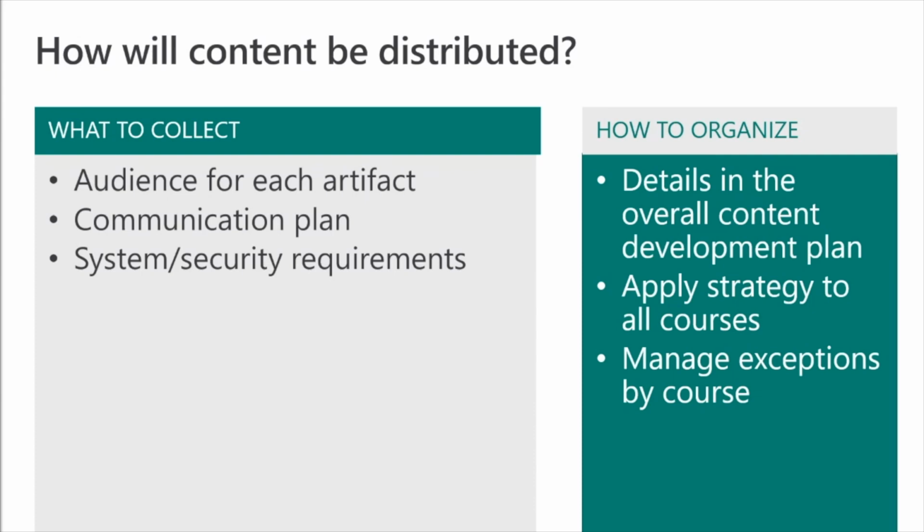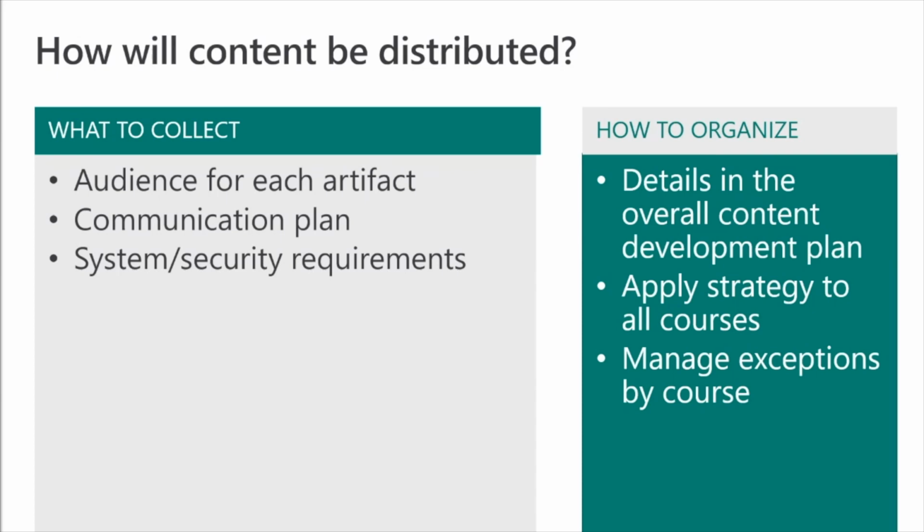Then you're going to finally figure out, how are you going to distribute this content? You've developed it all. How are you going to distribute this out to your users? So you want to make sure to gather and document who the audience is for each one of your artifacts.